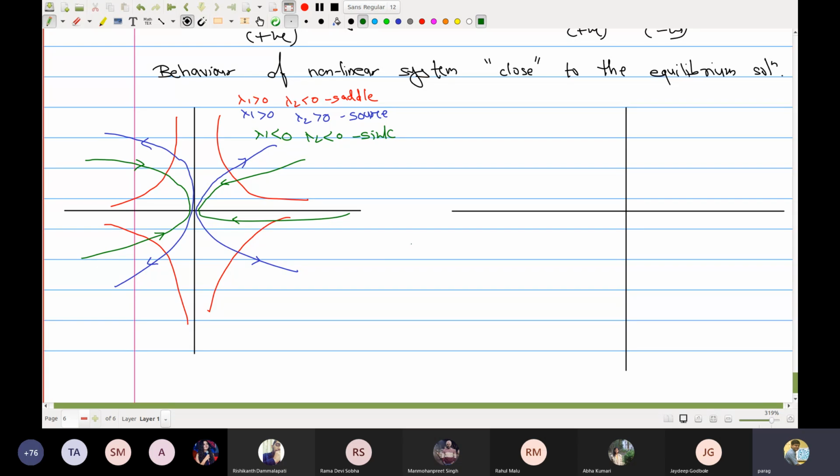Now, in case the eigenvalues become imaginary or complex numbers, then lambda is iB, a pure imaginary number, you have a center solution. Lambda is equal to A plus iB, A greater than 0, you have a source solution.